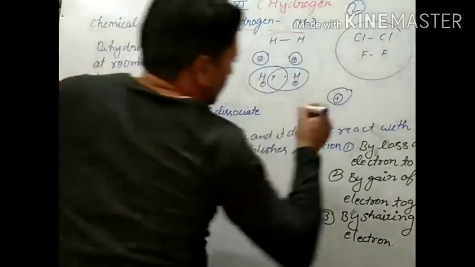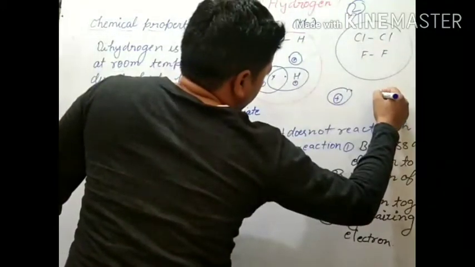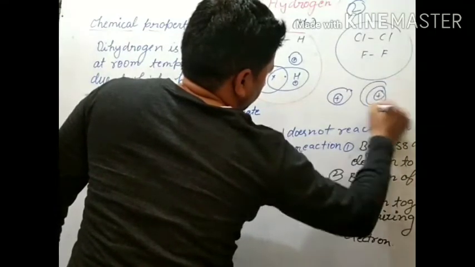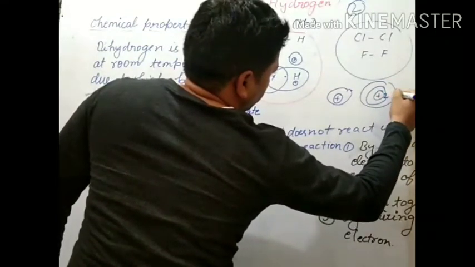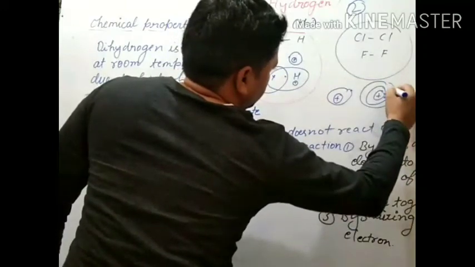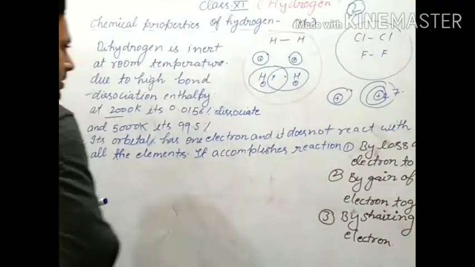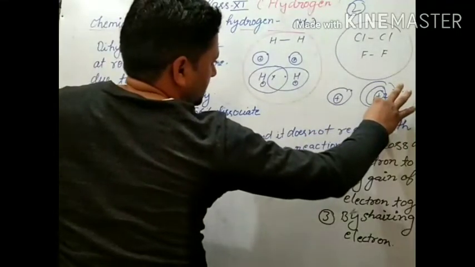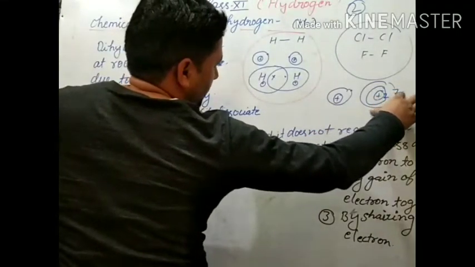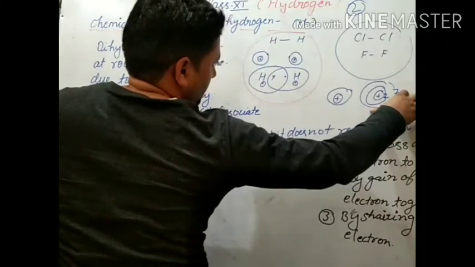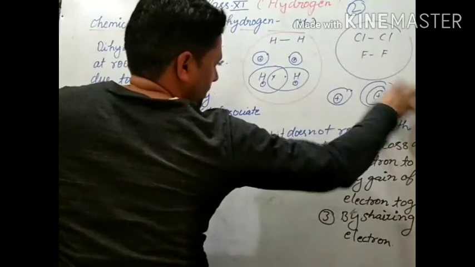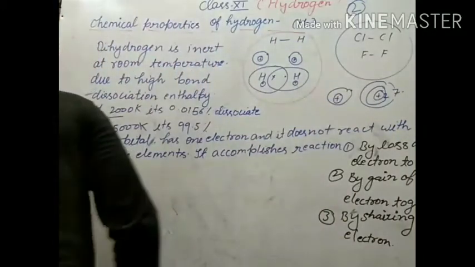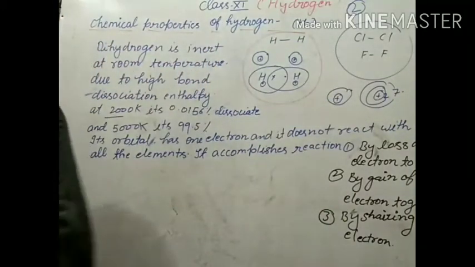If I talk about fluorine, the shells have 2 and 7 electrons. So the attraction of the nucleus on the second shell electrons will be lesser, because as distance increases, the attraction of the nucleus decreases.